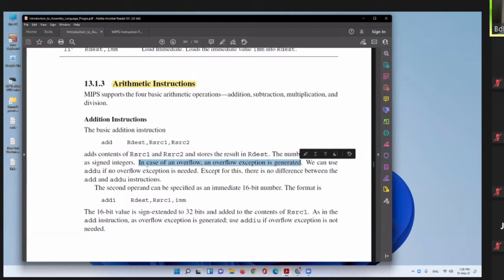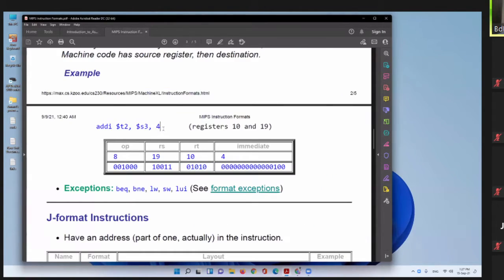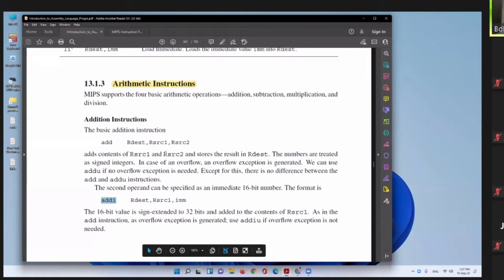But if you use addu instead of add, then there will be no exceptions. Third, you can use addi whenever you use an immediate value. Fine, so that is the addition.